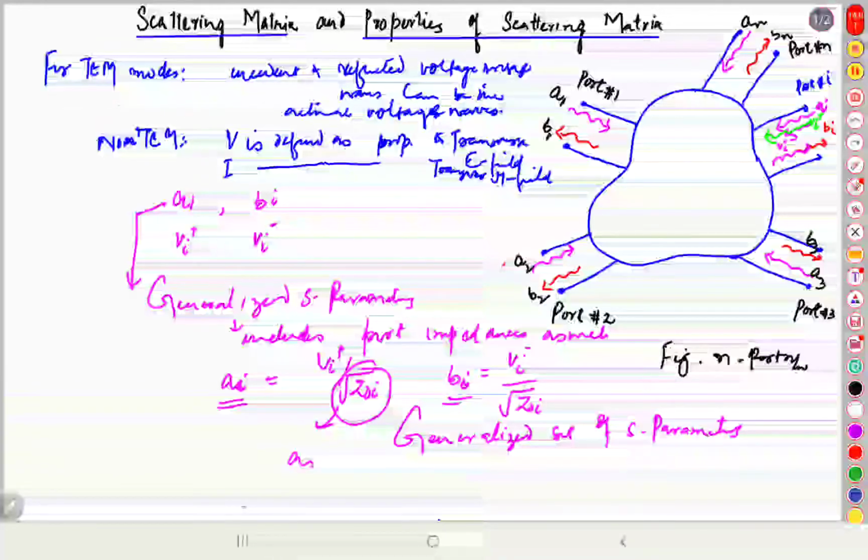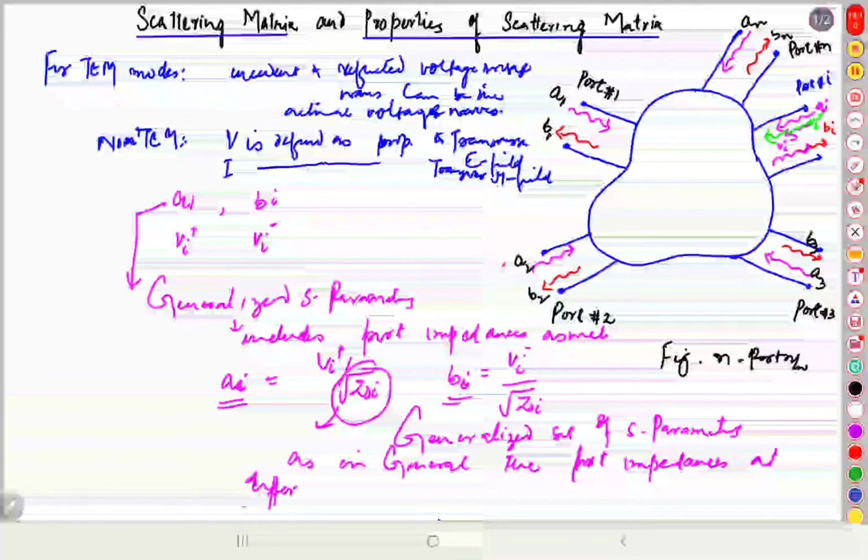In general, the port impedances at different ports will be different, so it is better to use AI and BI instead of VI positive and VI negative.